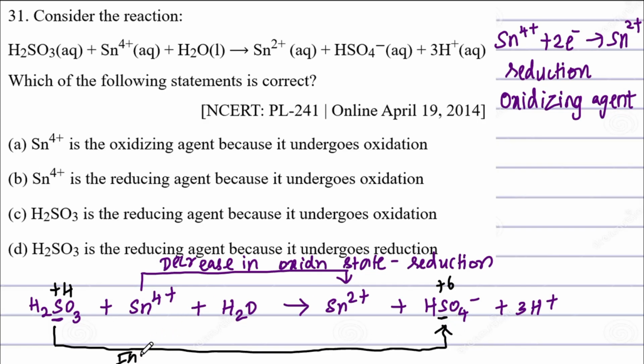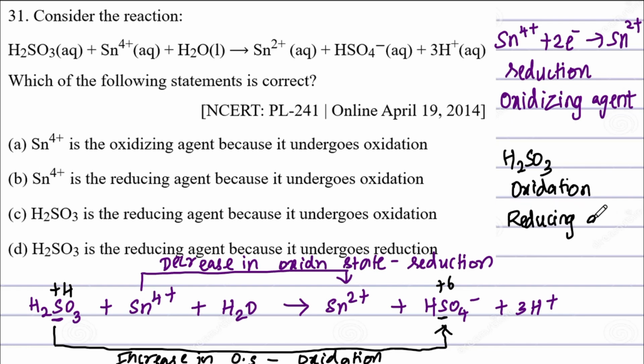So it is an increase in oxidation state, and increase in oxidation state is oxidation. So here H2SO3 has undergone oxidation, and whenever a species undergoes oxidation, it is going to act as a reducing agent. So now let us see the 4 options.